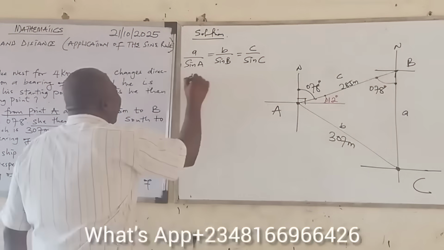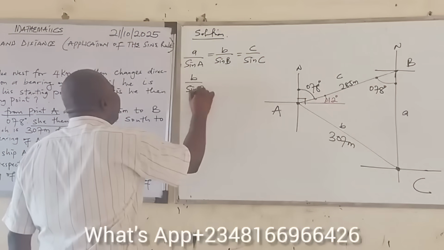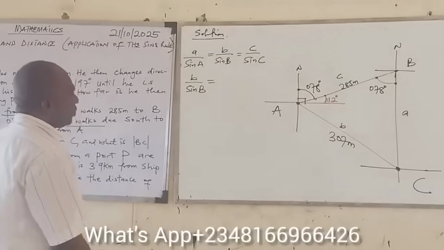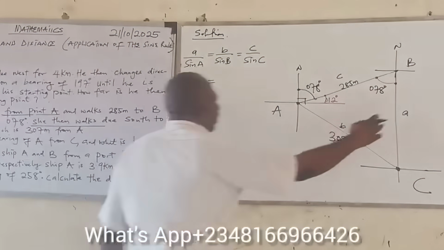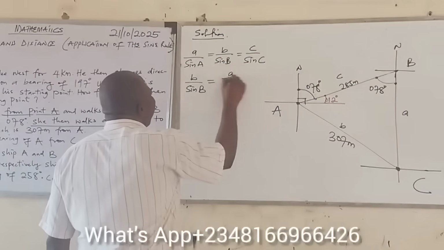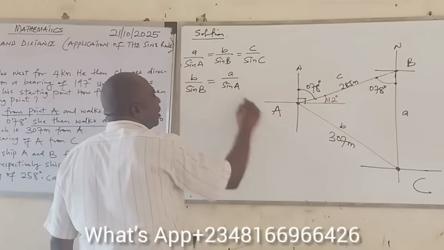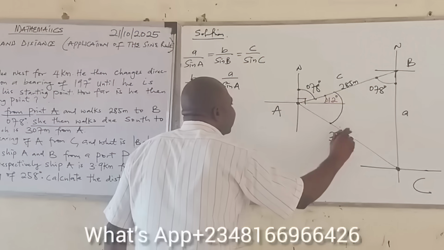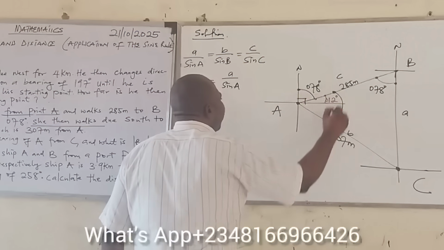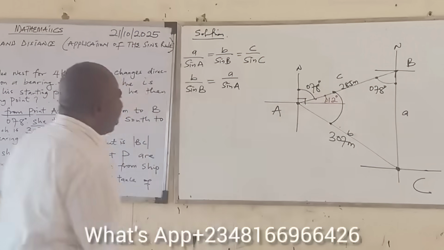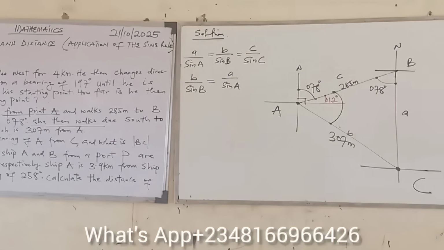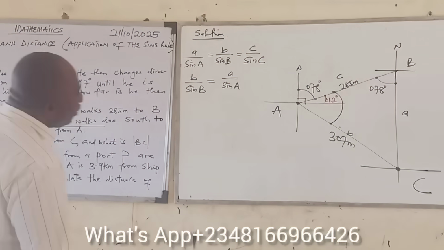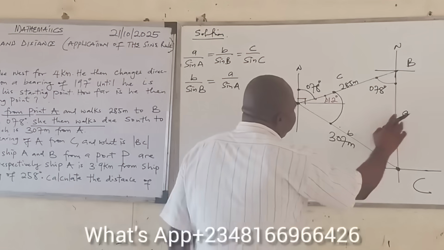So we'll have b over sine B will be equal to, now let's figure this out, a over sine A. Remember, our big A is from this point to this point. Of course, what we're asked to calculate is the value of a.